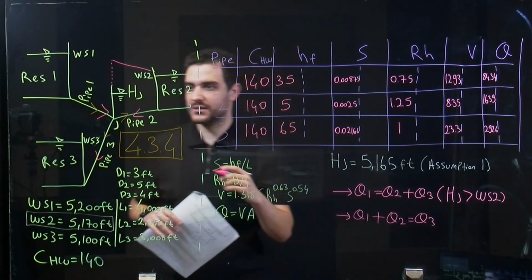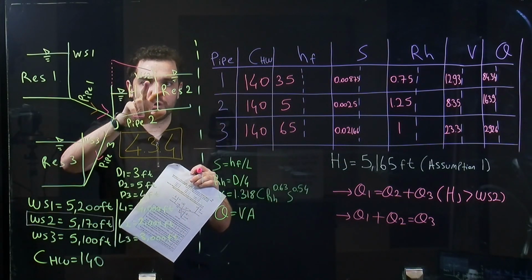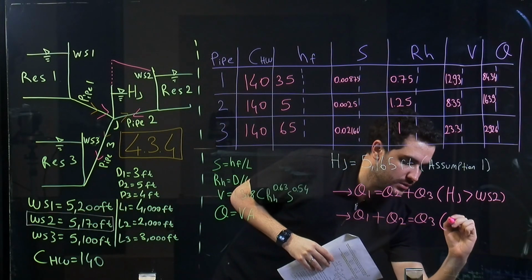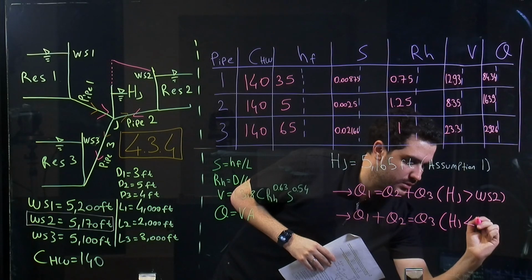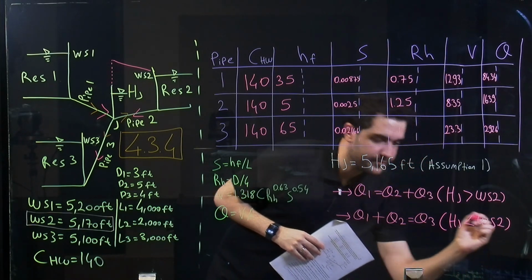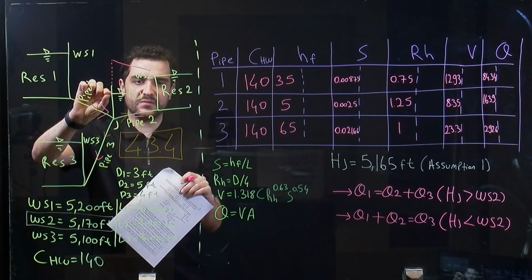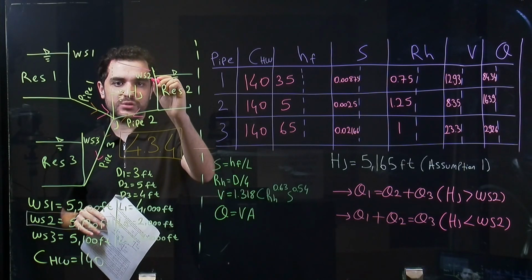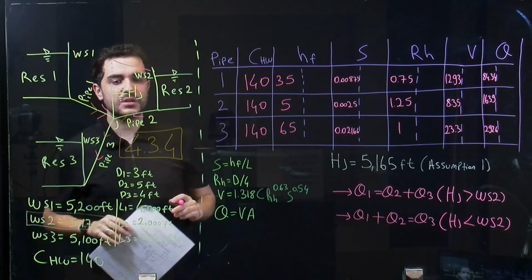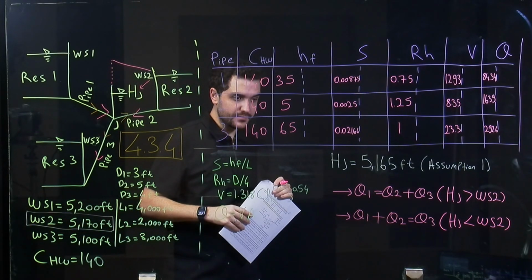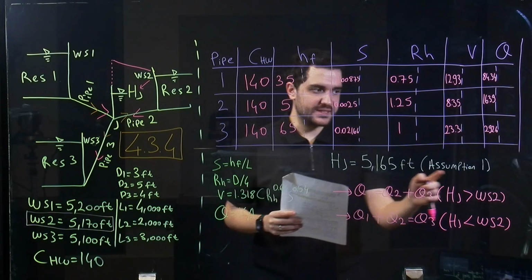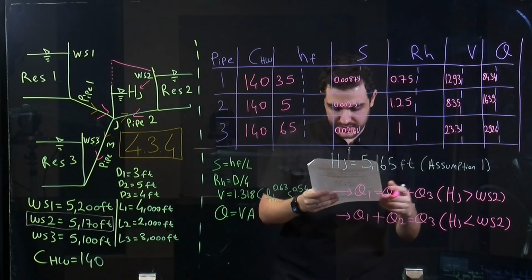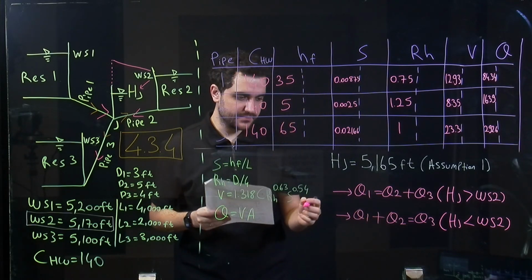But in the other case, where water surface 2 is higher than Hj, this elevation will be lower than this one, and water will be going from water surface 2 to Hj. So we will try both of these scenarios to get the final flow rate.